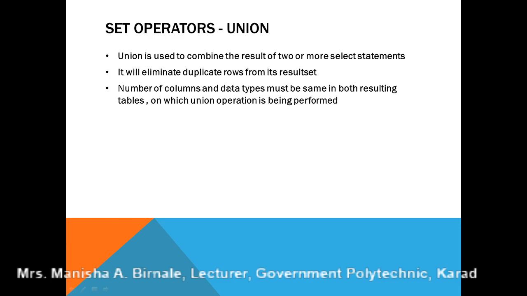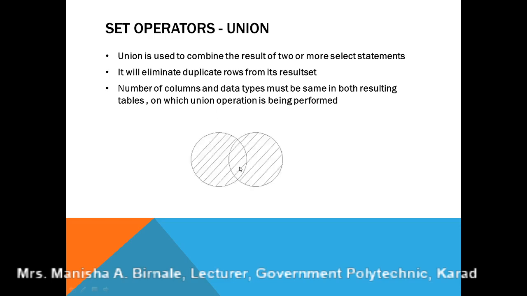The number of columns and data types must be the same in both resulting tables on which the union operation is being performed. If you are taking the union of two SQL statements, then the output of those two statements will be two tables, and the number of columns in those two resulting tables and the sequence of their data types should be the same, otherwise union will not be possible.